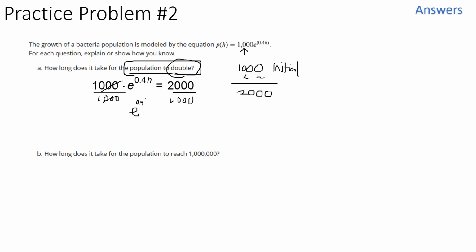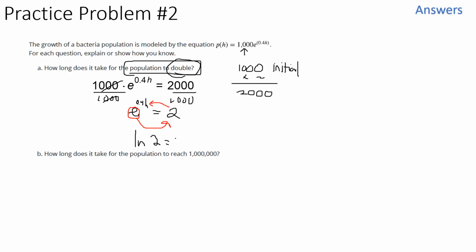And one more time, this is an exponential equation with base e, so this is going to be converted into a natural log. One more time, the conversion, in case you always forget, which is okay: this is your base, this is the inside, and this is what it's equal to. So now we're going to have natural log of 2. Remember that the base is e, but it's always invisible, so we don't write it. So natural log of 2 is equal to 0.4h.